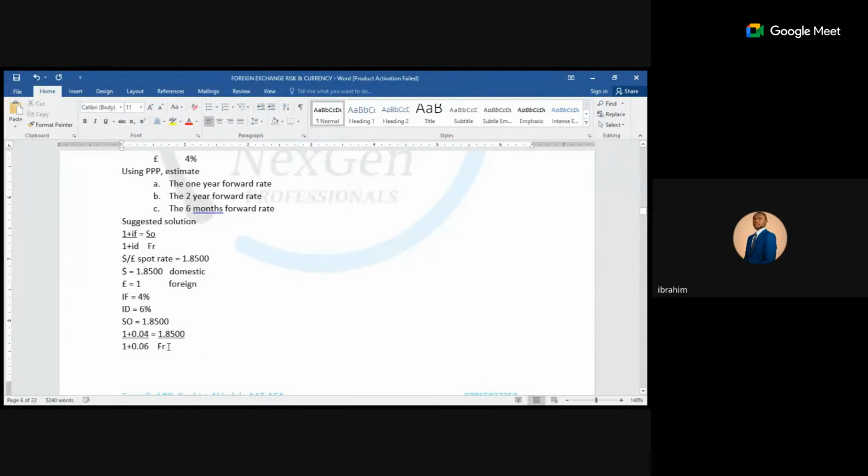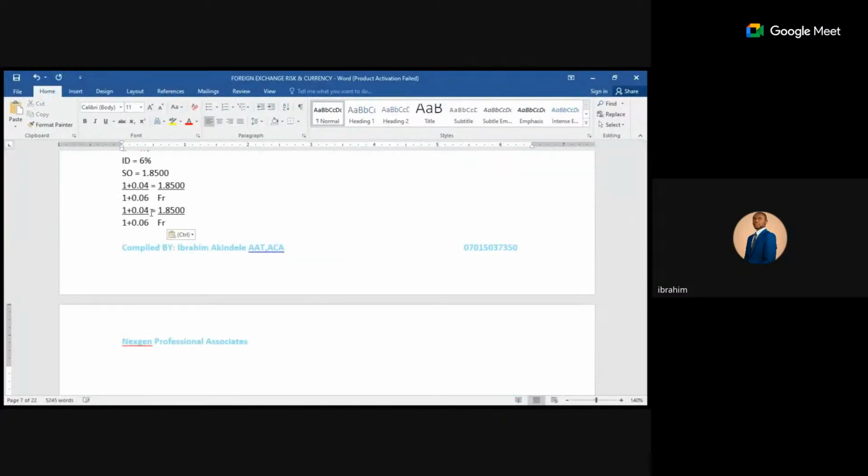This is not given, right? We can have 1.1. Then this is 1. So when we cross multiply, what do we have?